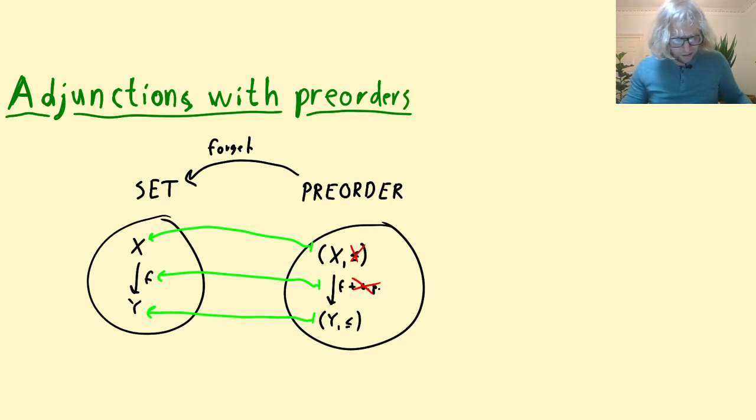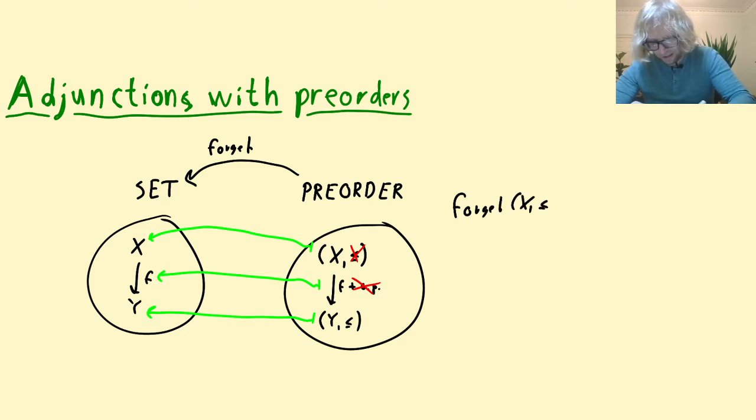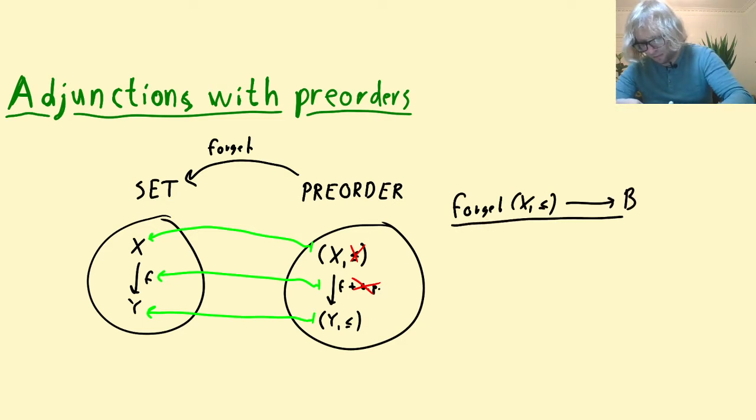So now we could ask, what would it take for this functor to have an adjoint? So let's see if we can find a right adjoint for it, to make it a left adjoint. That would mean that functions from forget x into b should be the same thing as order preserving maps from x into something of b.